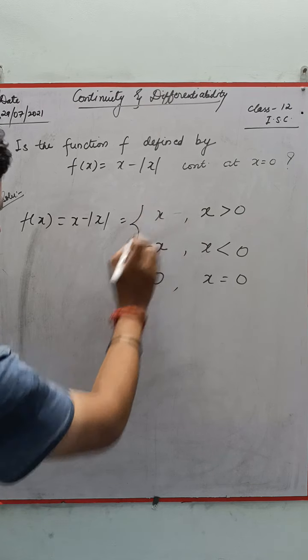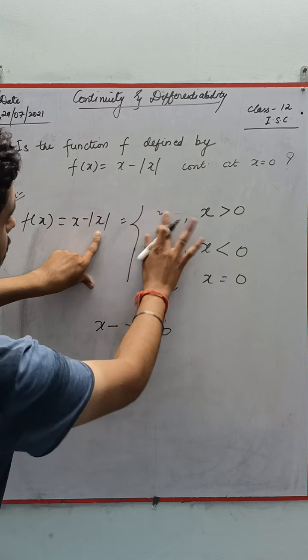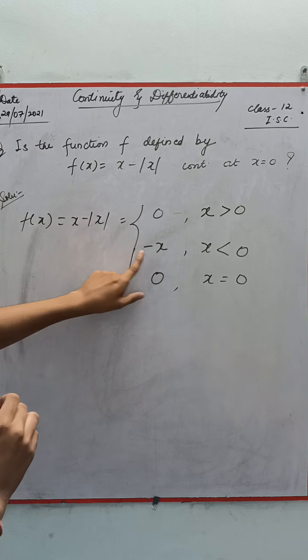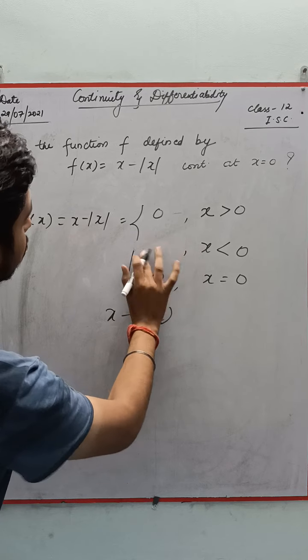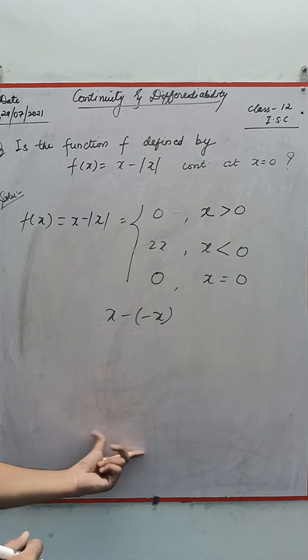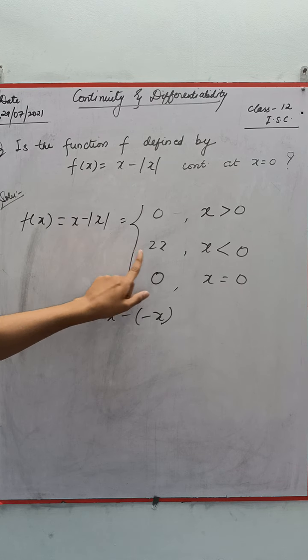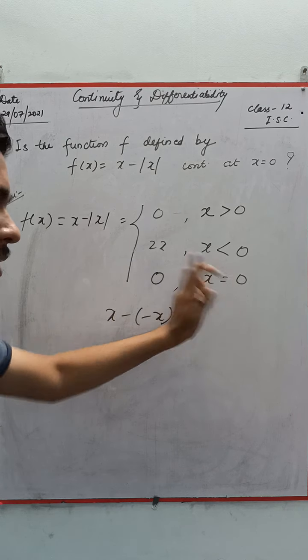For the positive case, if I take positive x, x minus x, I am getting 0 as the answer, so I'll write 0 here. And for the negative case, x minus minus x, which will give you 2x. Sorry, I'm doing this very roughly here; you have to show it in the proper solution. So it will become this, and for x is equal to 0, 0 is the case only.